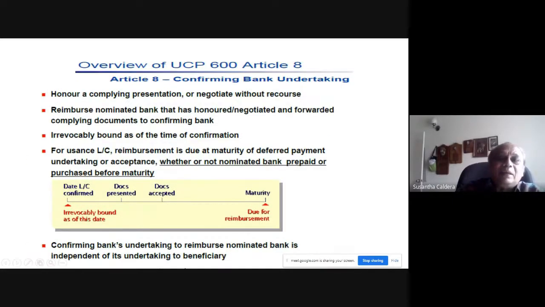Okay. Then overview of Article 8. UCP 600 Article 8. The answer to that question is, we have agreed to pay. Agreed to pay, right? Then on the due date we have to pay.